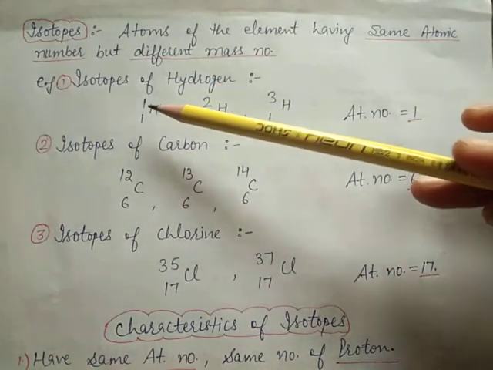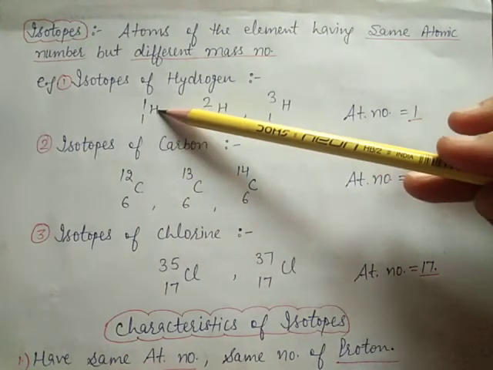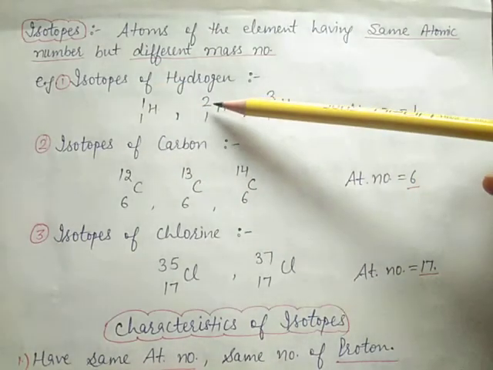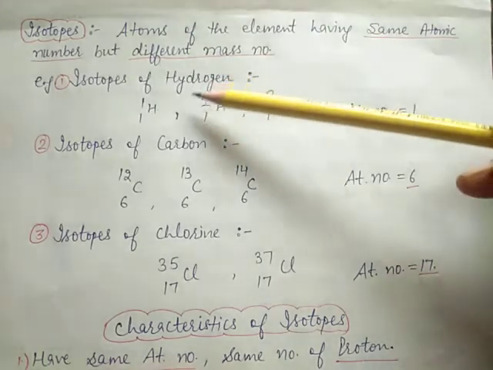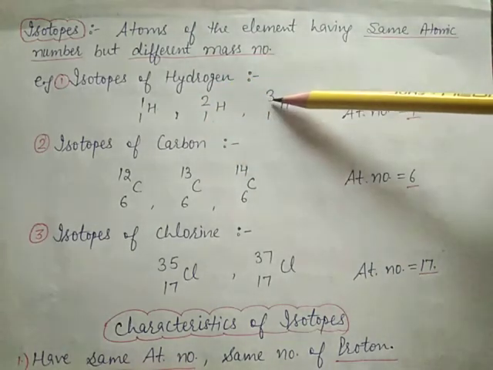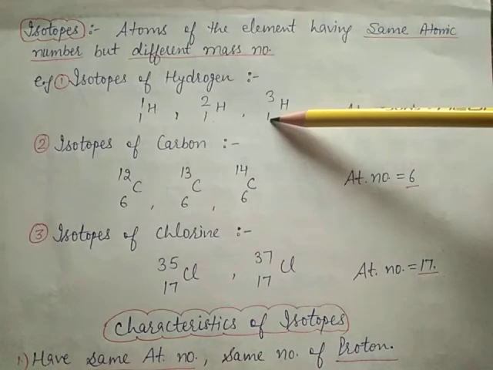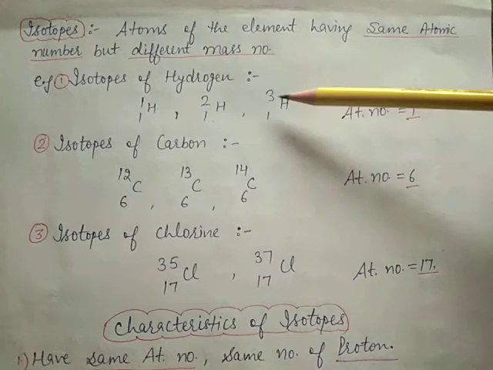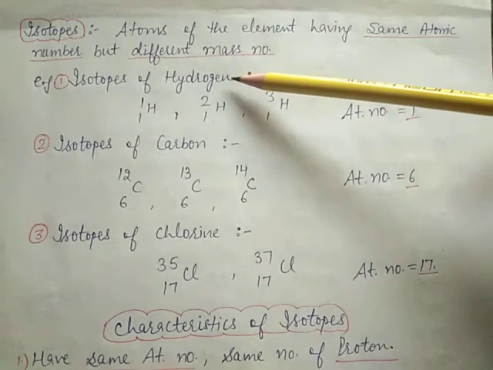This is protium, one mass number and one atomic number, and this is the symbol of hydrogen. This is deuterium, two mass number and one atomic number. Third is three mass number and one atomic number. This is called tritium. So these are the isotopes of hydrogen.